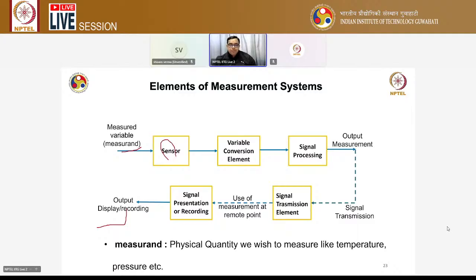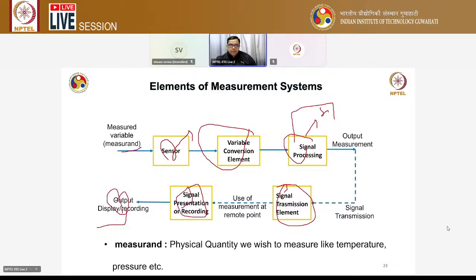You have a sensor, or whatever you want to call it, maybe transducer. Then you have variable conversion elements. Then signal processing, including signal conditioning, and everything is included here. Then signal transmission elements. Then signal presentation or recording, and that's how you see the output.